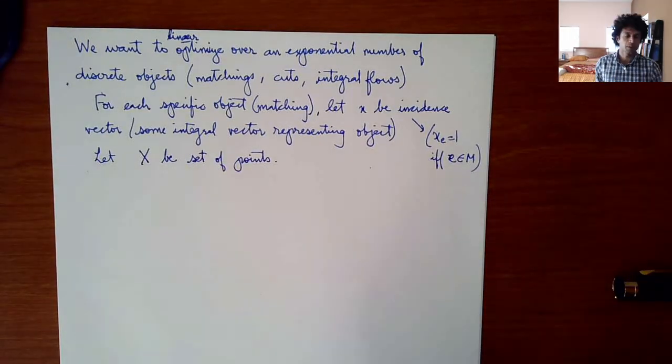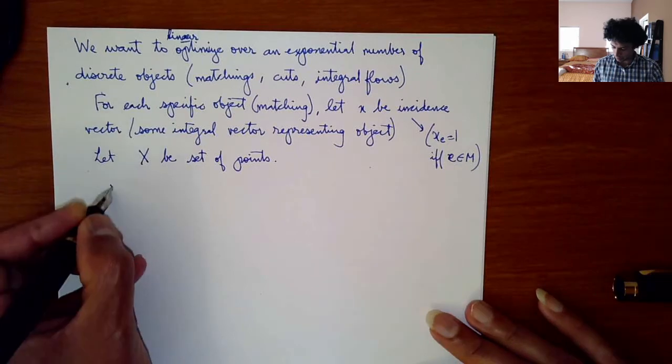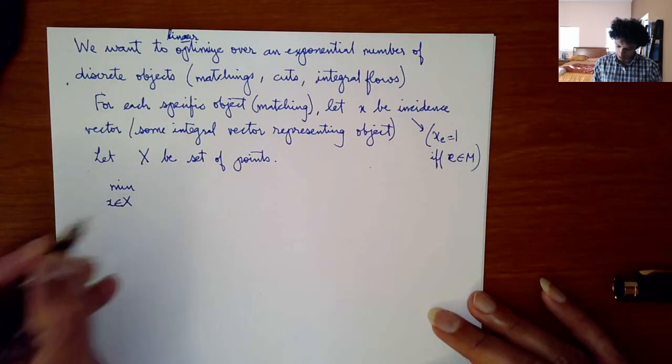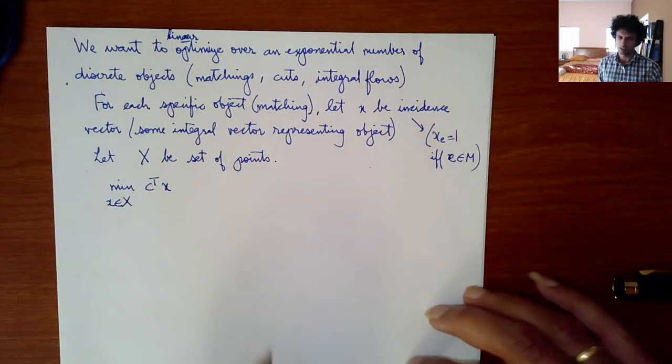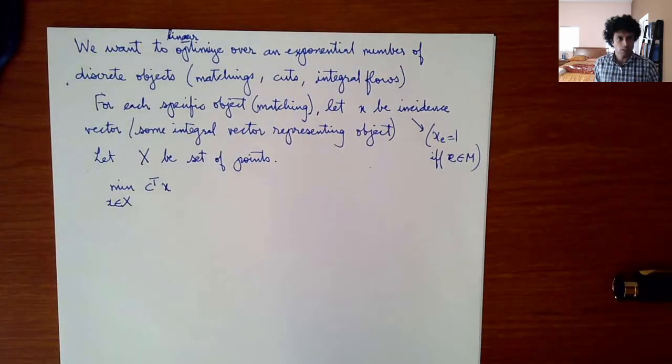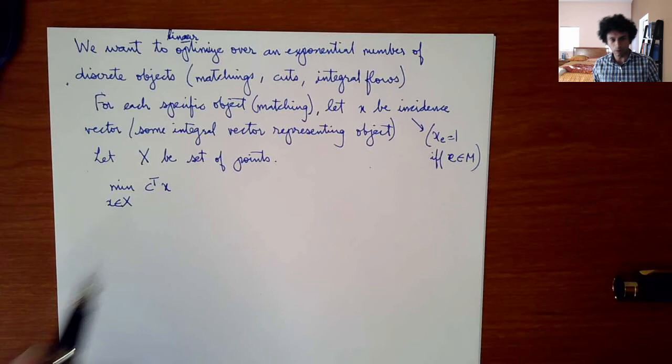We want to min or max c transpose x over x in X, and on the face of it, this in general would be NP hard.